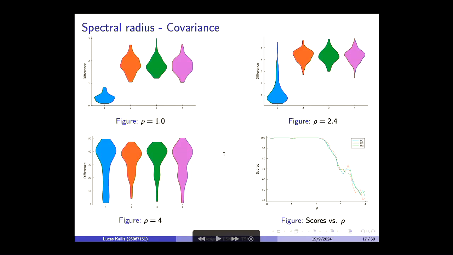Yeah, I agree. The spectral radius comes from the adjacency matrix that defines the connections between the nodes. So when the spectral radius increases, that matrix has far more weight in the activation equation.